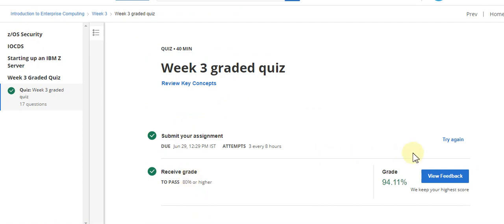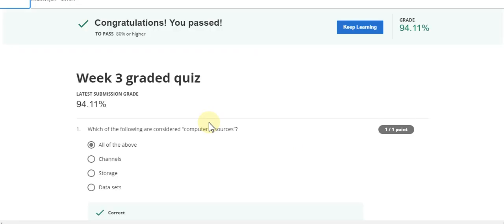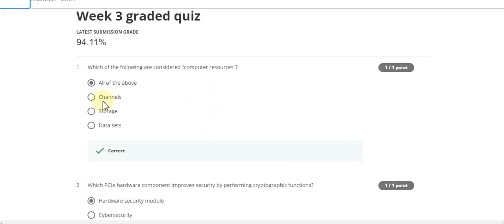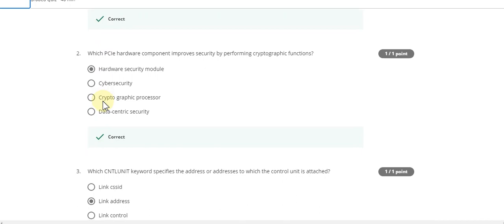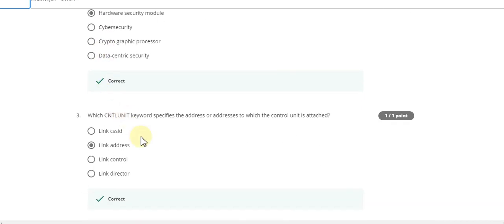This week 3 graded quiz has 17 questions. The second question answer is hardware security module, and the third question answer is link address.